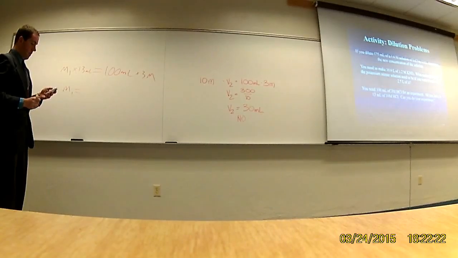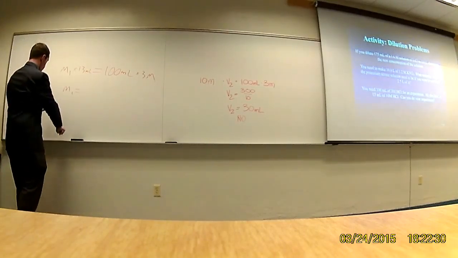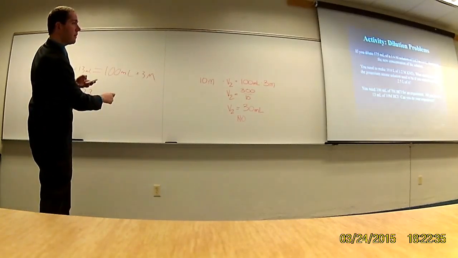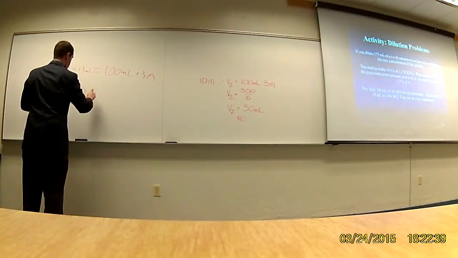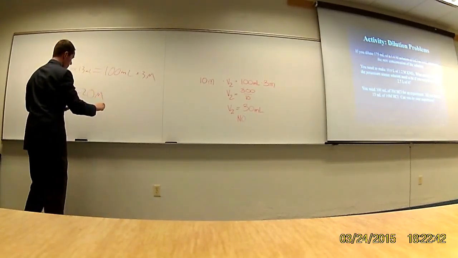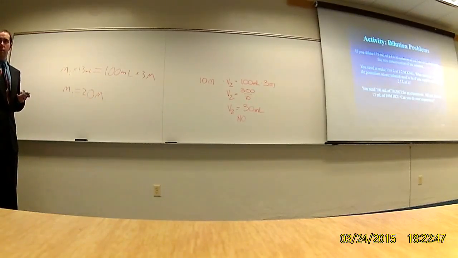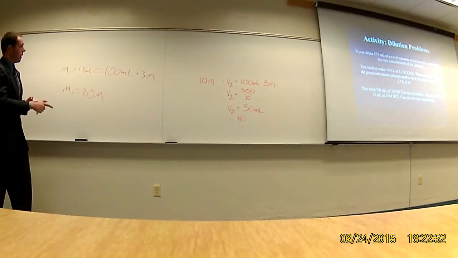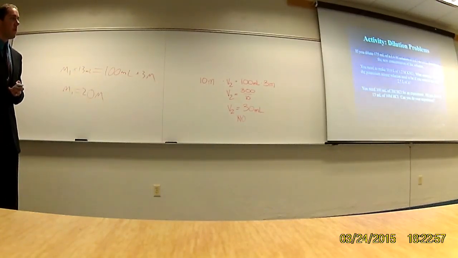And M1 is going to come out to be 23, 3.1, 20. 100 times 3 is 300, 300 divided by 13, there's only one sig fig.